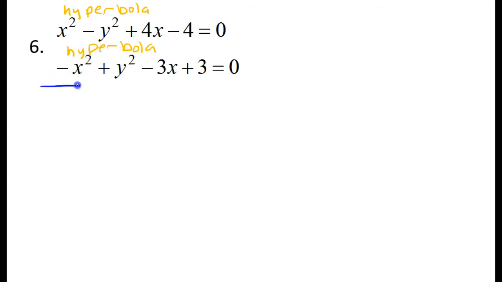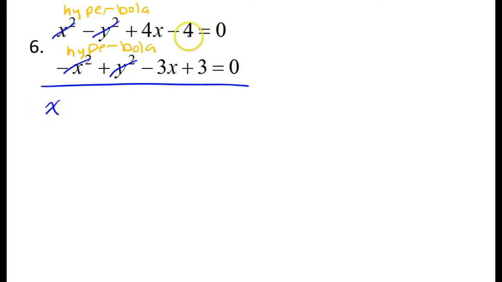So we already have opposites that cancel, so we might as well do it. So if I combine like terms, the x squared goes away, and the y squared goes away. So that leaves 4x and minus 3x. If I put those together, that's just going to give me x.